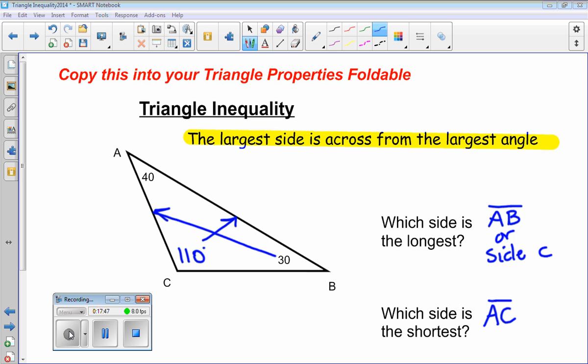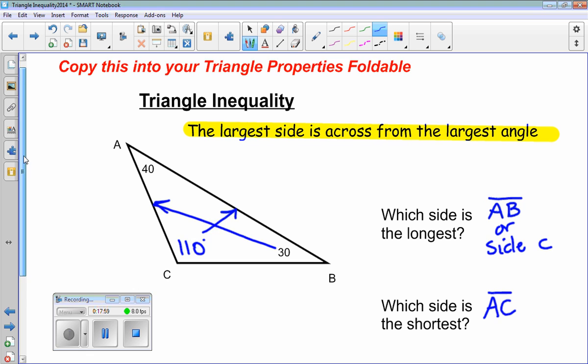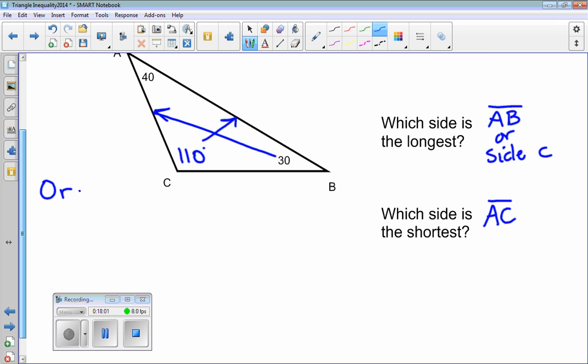Oftentimes on the SOL, they ask you to order the sides. Okay? Put them in order. And I've seen them go from smallest to largest. I've seen them go from largest to smallest. They just want you to order them. So let's order the sides, or we could even order the angles if we're getting the side right. And let's order the sides from smallest to largest.